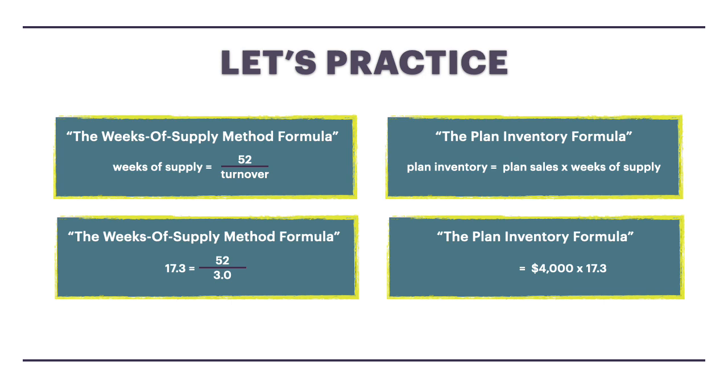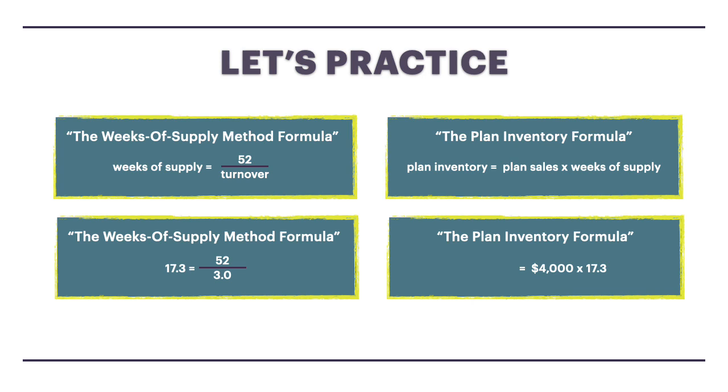Now let's calculate our planned inventory using our planned inventory formula. This takes your planned sales and multiplies that by your weeks of supply. Now, let's consider that our planned sales is $4,000. What is your weeks of supply?